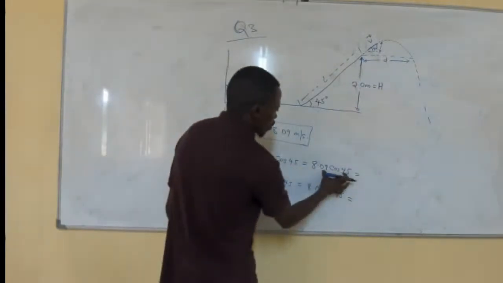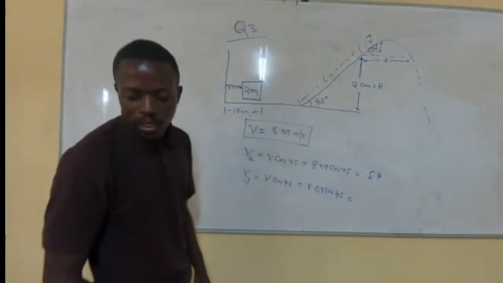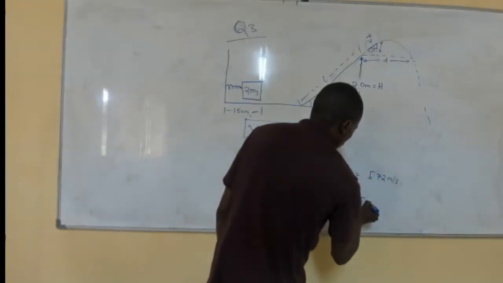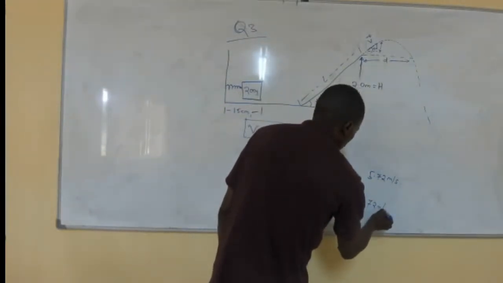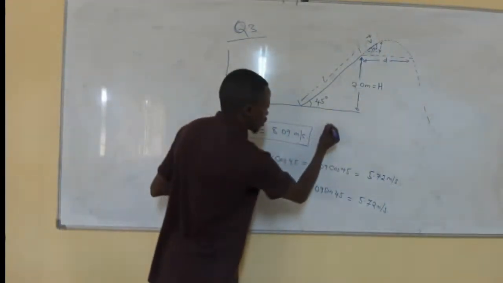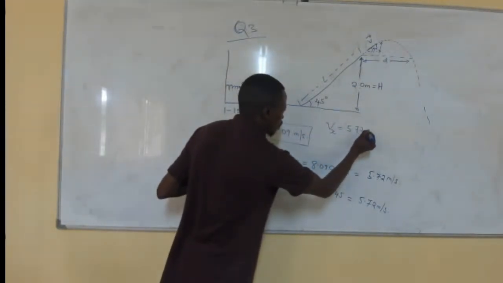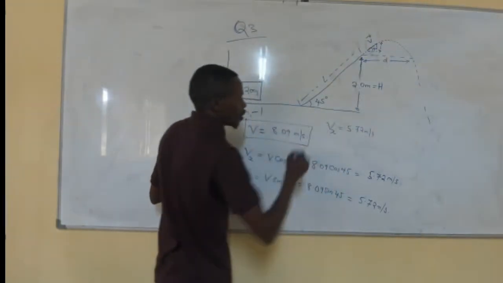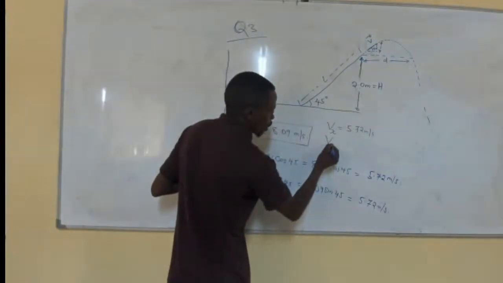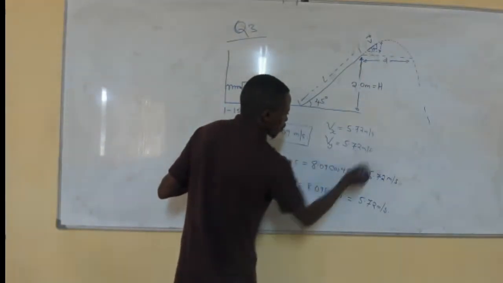If I compute this, that is 5.72 meters per second, and this will also give me 5.72 meters per second. So Vx is 5.72 meters per second, and Vy is equal to 5.72 meters per second.